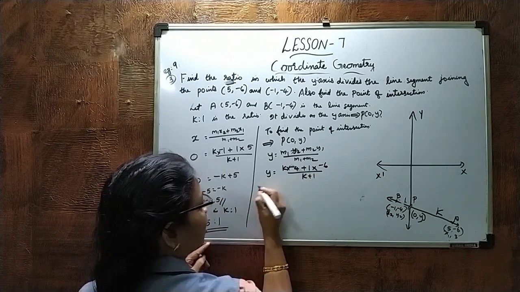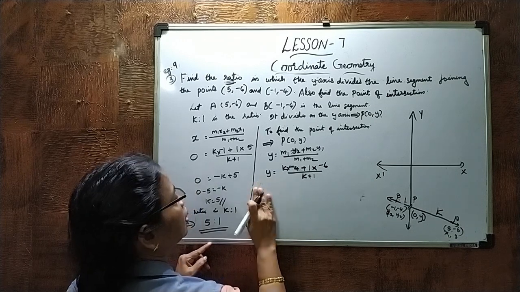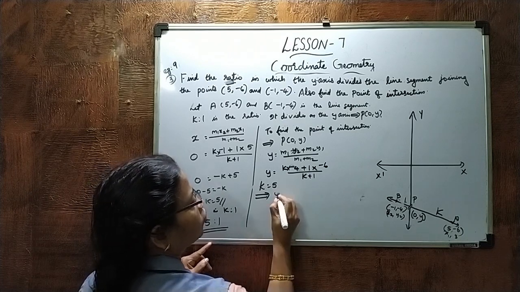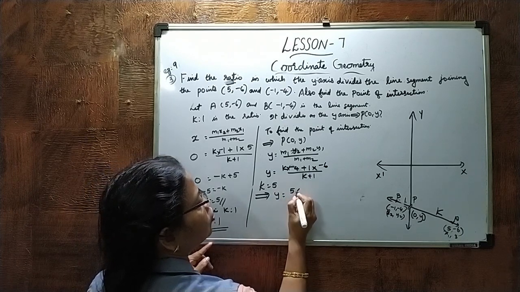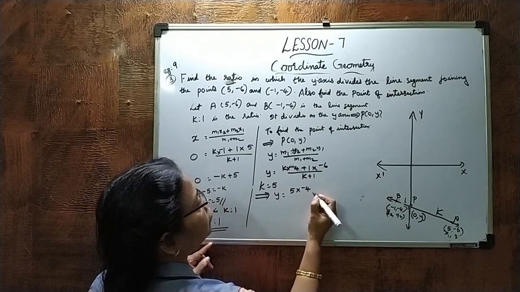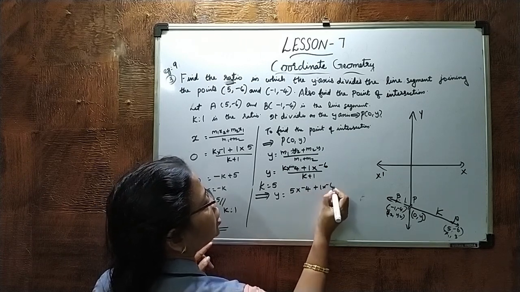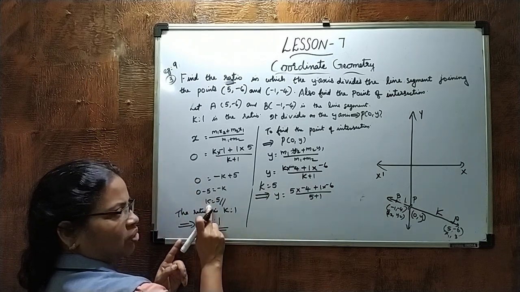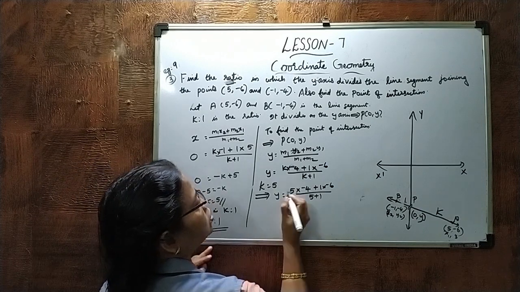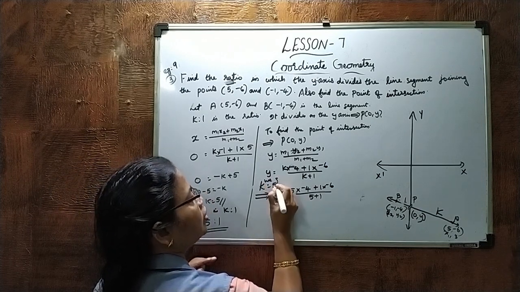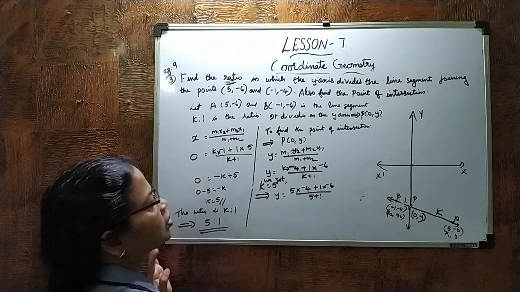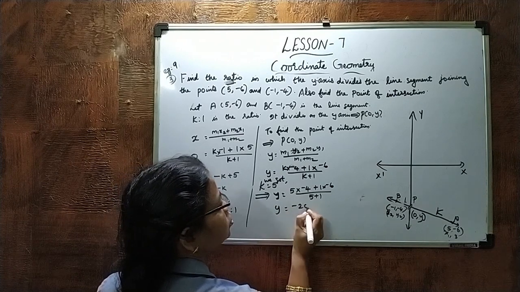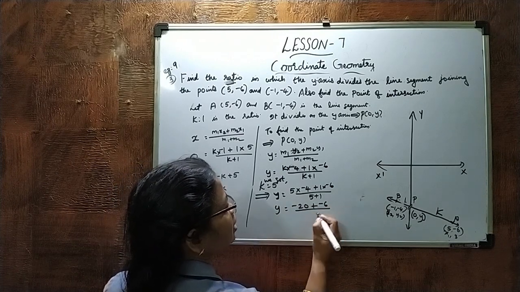Now k's value, k equals 5. It becomes y equals 5 into negative 4 plus 1 into negative 6, divided by 5 plus 1. Already we found k is equal to 5 here. So y equals negative 20 plus negative 6 divided by 5 plus 1.